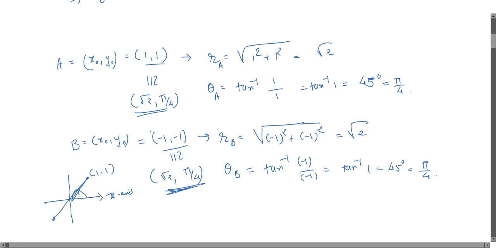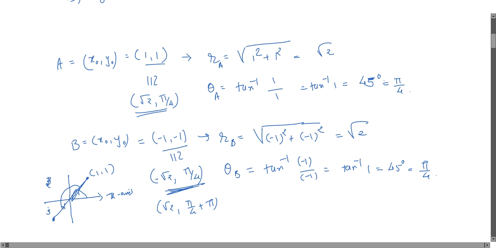So while observing theta for the second and third quadrant, you have to be careful, and either you can say that this is minus of the distance, because in this direction you are walking negative, okay, or you can write it as root 2, pi by 4 plus pi because of this pi angle.